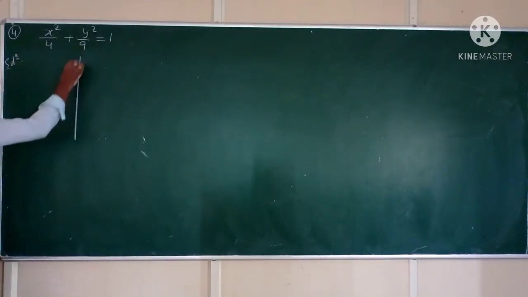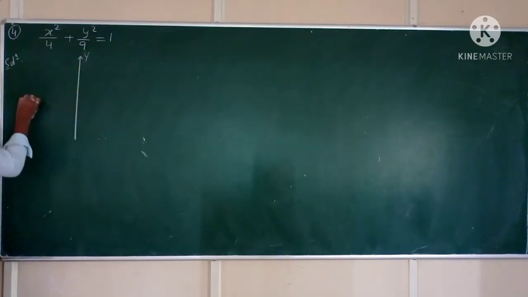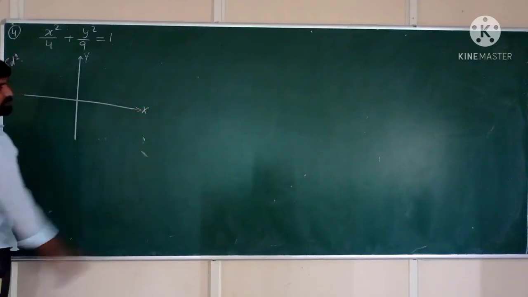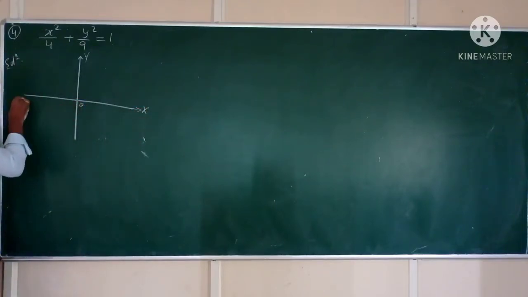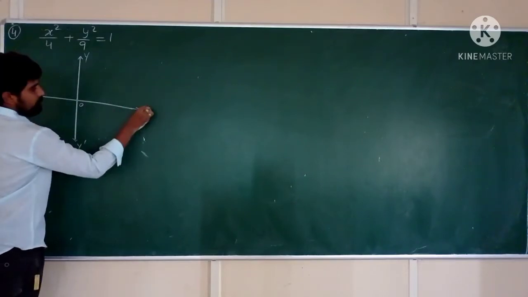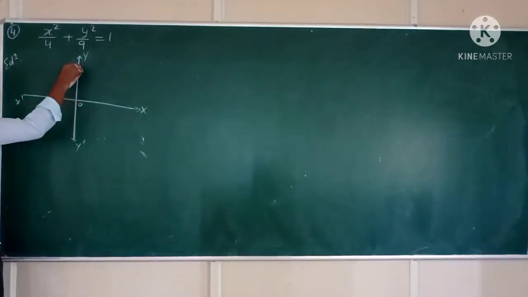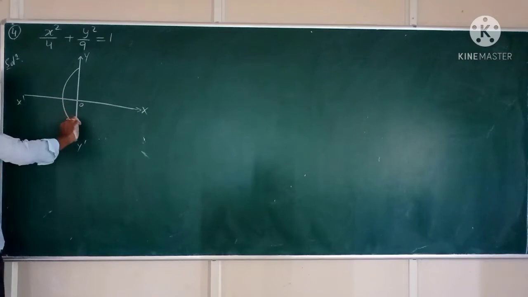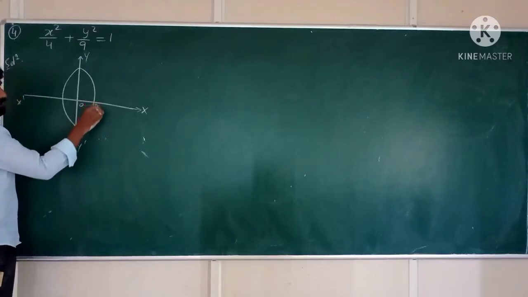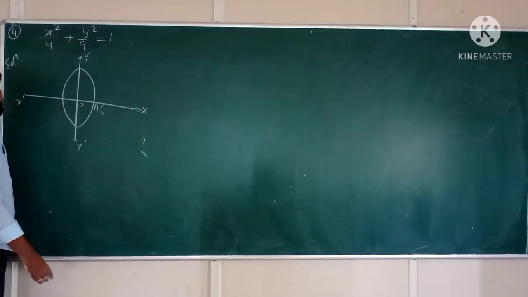So this is the y axis and this one is the x axis, origin O, x dash, y dash. So this is a vertical ellipse. Now this point A lies on the x axis.